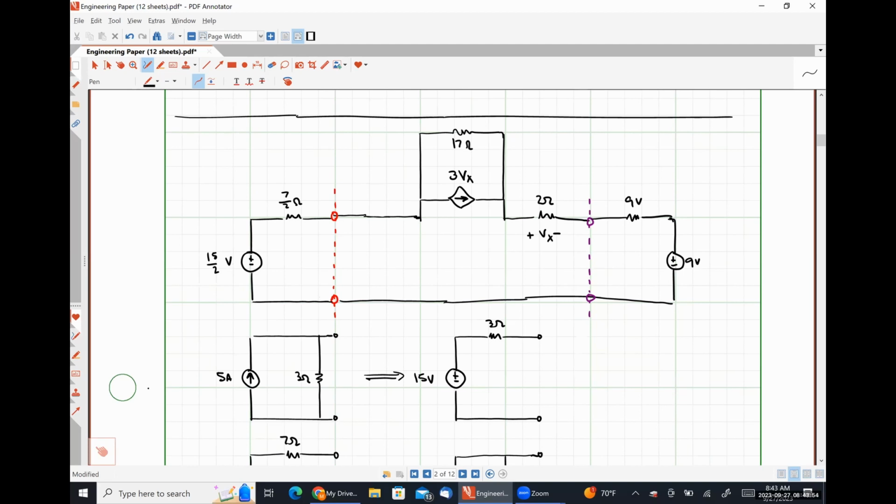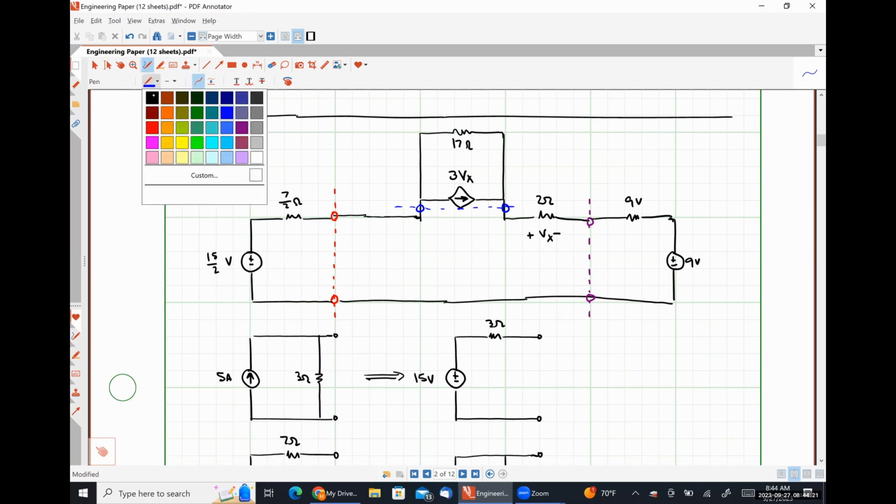Now, we do have a practical current source up here as well. And just for the sake of argument, we are going to do a transformation on it here in a moment. But before we do that, we could also observe that 7 halves ohm resistance is in series with the 9 ohm resistance.